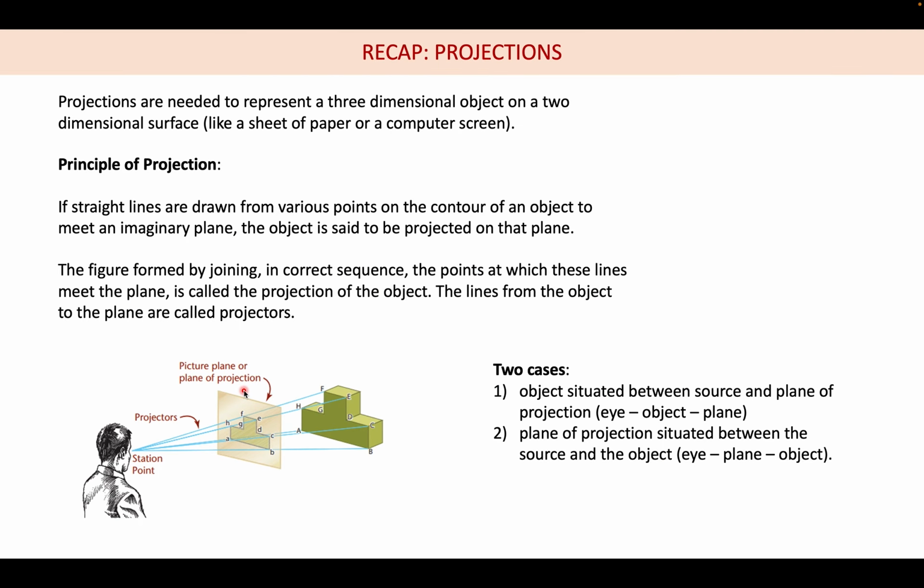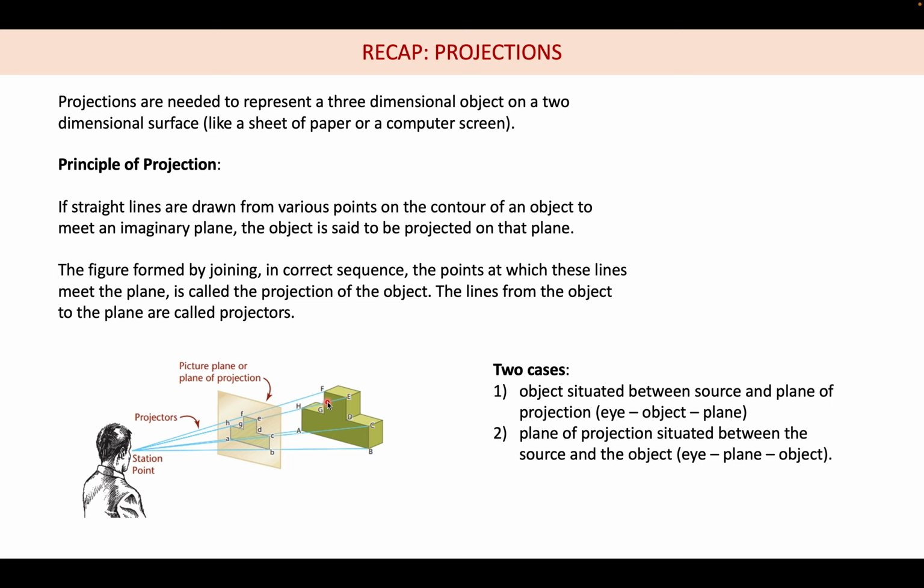Projections are needed to represent a three-dimensional object on a two-dimensional surface like a sheet of paper or a computer screen. One of the important things is the principle of projection. The principle of projection states that if straight lines are drawn from various points on the contour of an object to meet an imaginary plane, the object is said to be projected onto that plane.